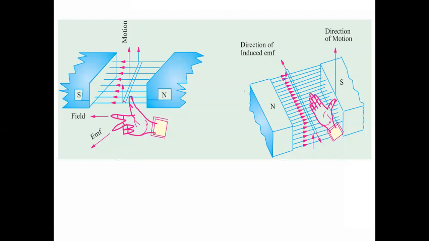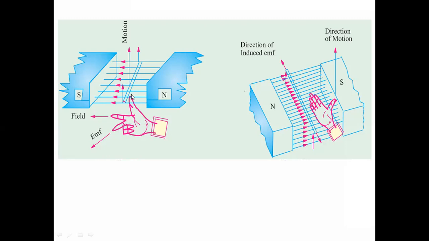The EMF will be produced in the conductor in the direction of the middle finger. Like this we can find the direction of the current also.